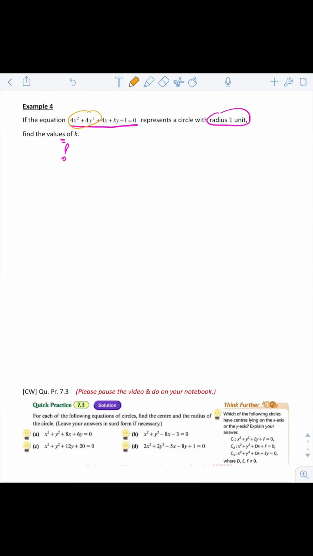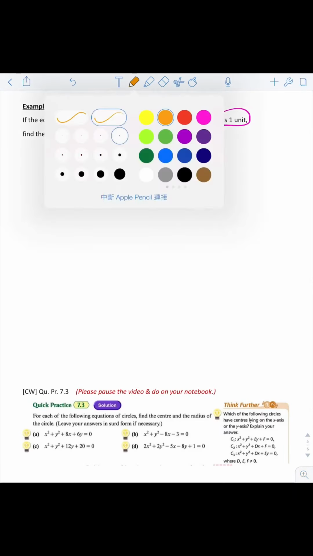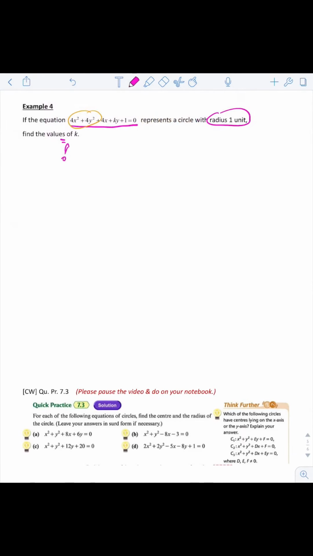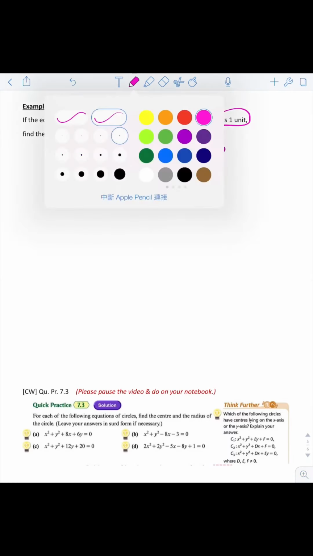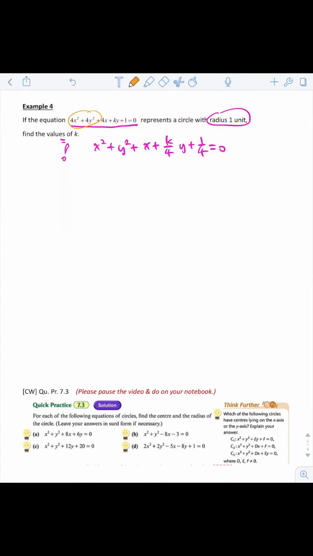Because they are not equal to 1, we have to divide both sides by 4 for this case. And then you can find D, E, F correctly.